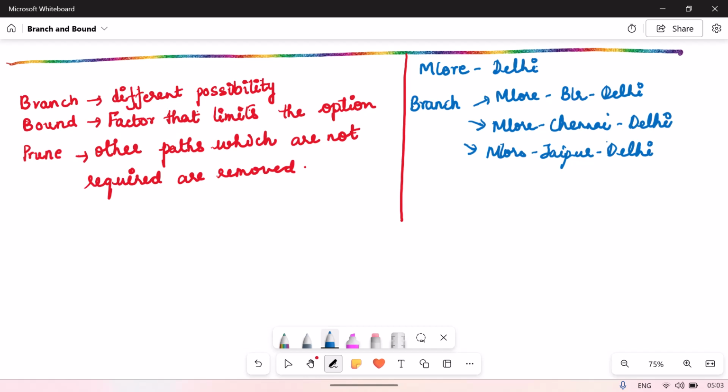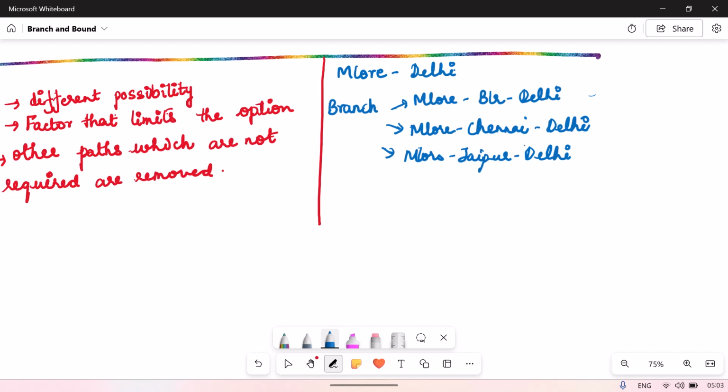Then the bound factor. Bound factor means I will decide on a factor that will make me go through a certain way other than exploring all the branches. In this case, the bound factor is, let's say, the cost. For this particular path, the ticket price is, let's say, 5,000.